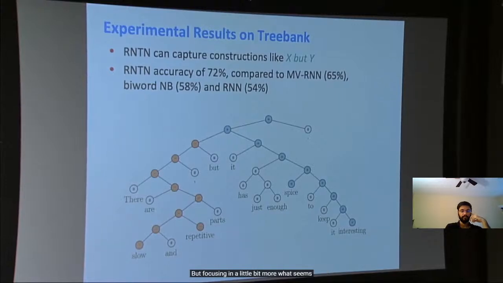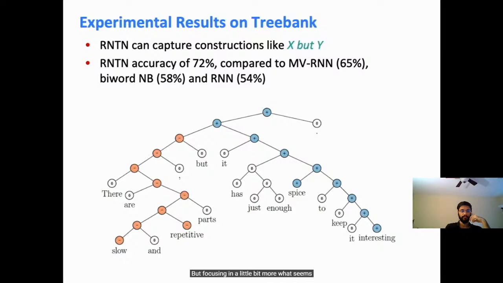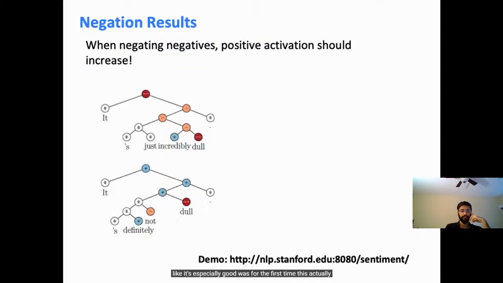But focusing in a little bit more, what seems especially good was that for the first time, this actually did seem like it could do a better job of working out what happens when you do things like negation. So here we have, it's just incredibly dull, and it's definitely not dull. If it's definitely not dull, that actually means it's good, right? Can we work out the meaning of it's definitely not dull?